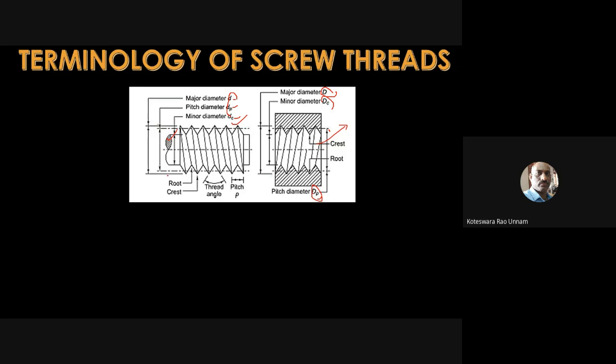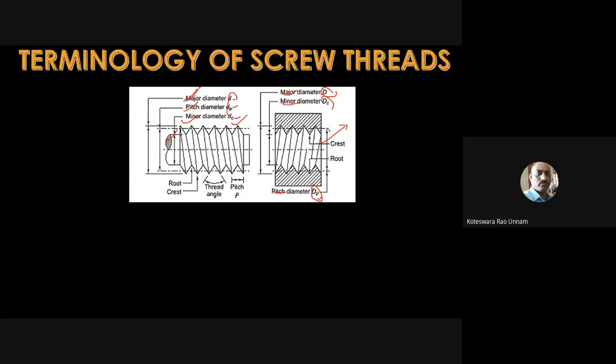But the names are the same: major diameter, minor diameter, pitch diameter. We are defining the same parameters, but the notation is different for internal threads and external threads. Internal threads use capital letters, external threads use small letters. Now we'll see what these definitions are.